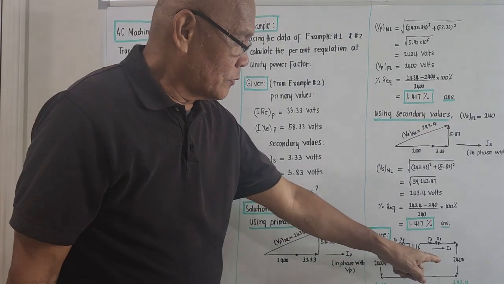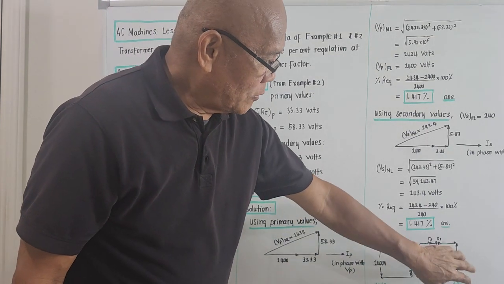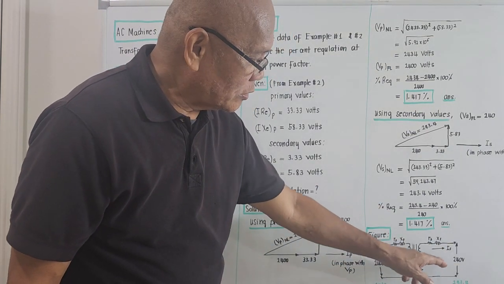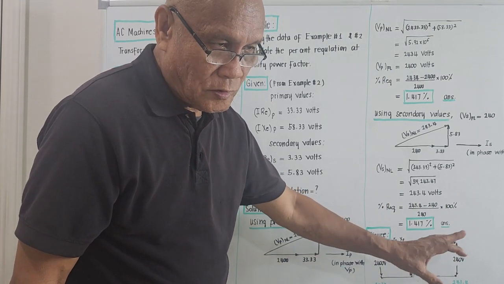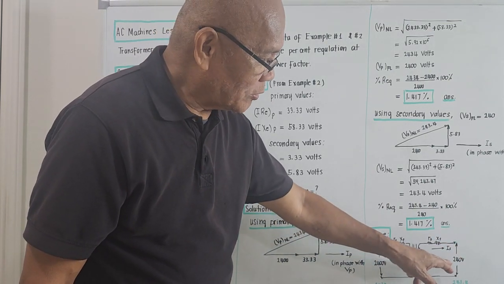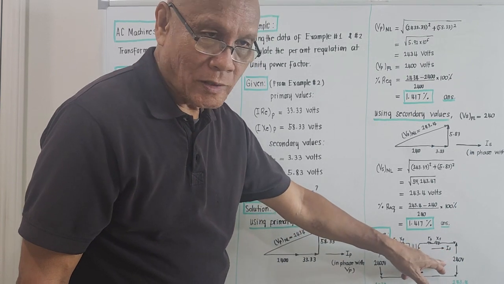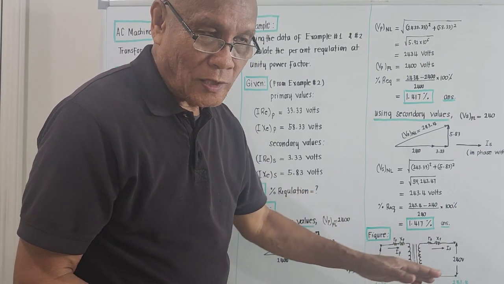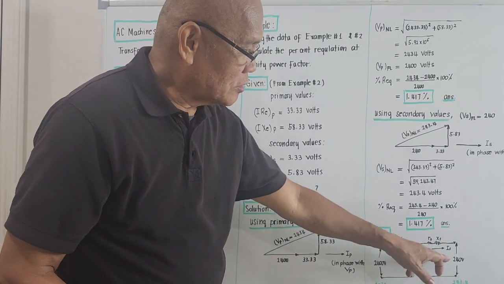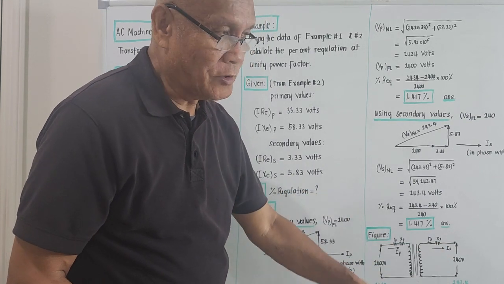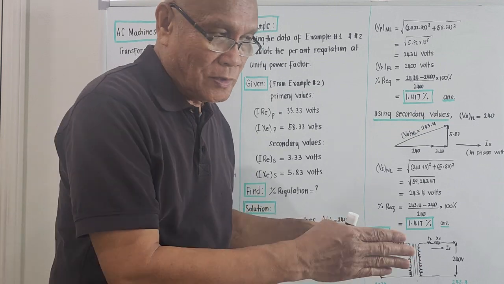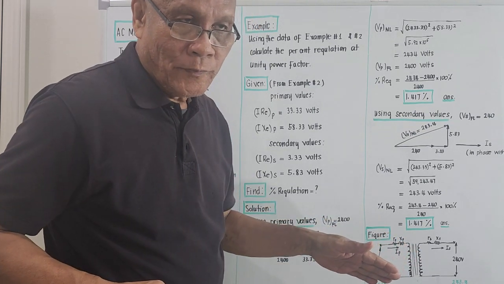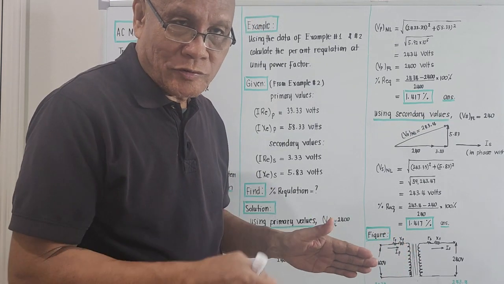Like in here, the voltage or the specification of the transformer supplying our houses is 240 volts. This 240 volts is actually the full load voltage, because at no load this 240 is not actually 240, it should be higher. When our homes consume current, there will be a voltage drop.